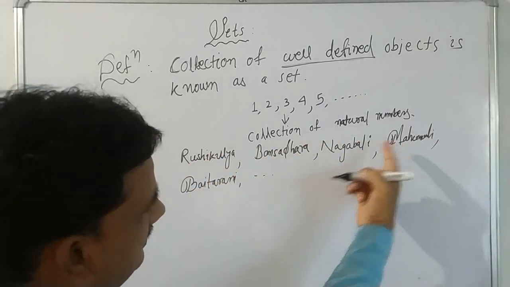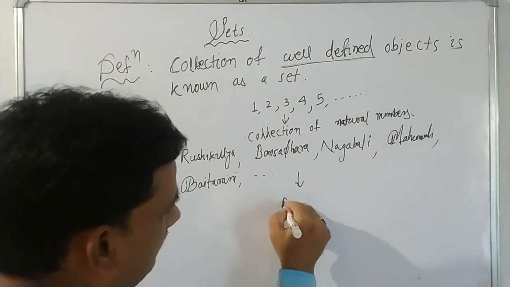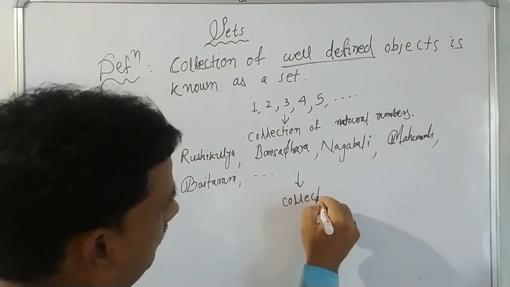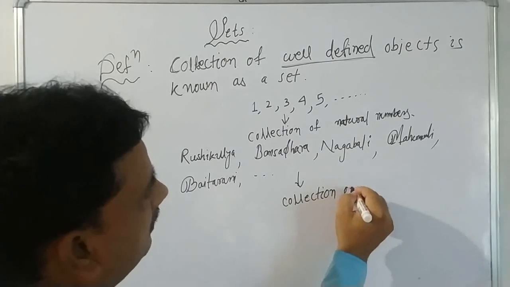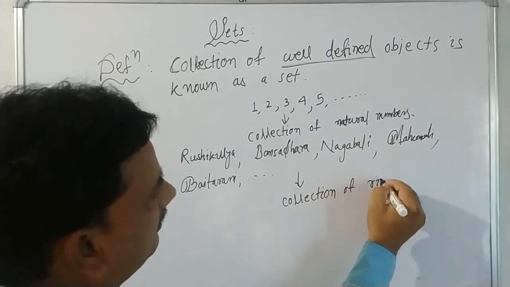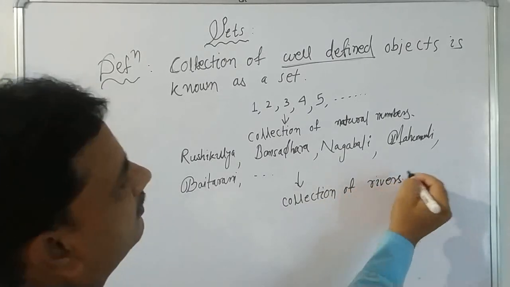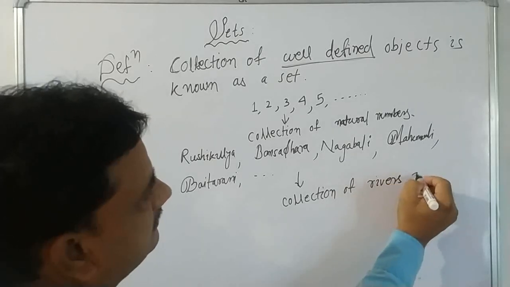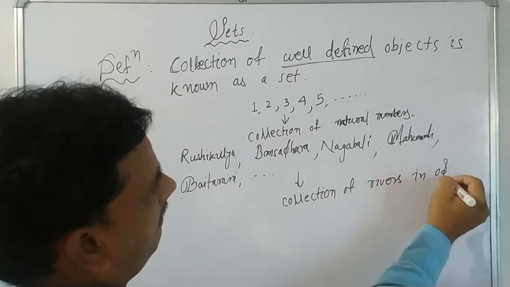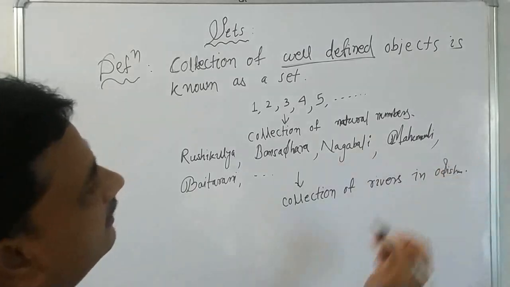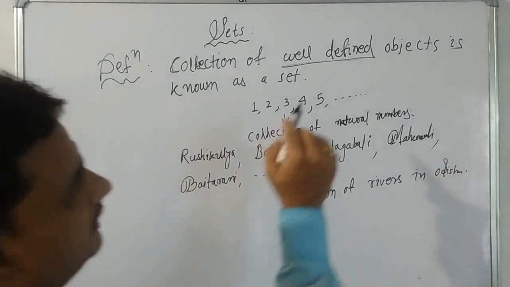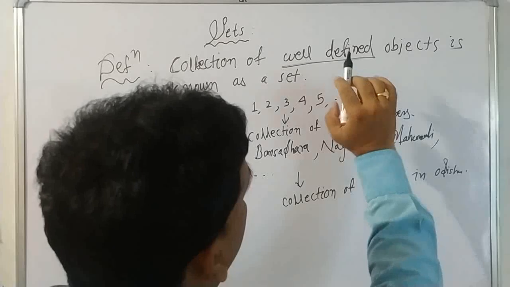What are these? These are a collection of rivers in Odisha. So that's why it is a collection of well defined objects.